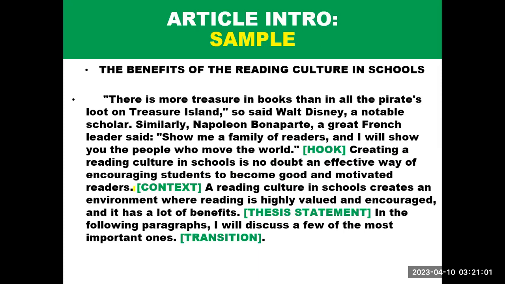So even if you don't understand what reading culture is about, you will understand that it is something that encourages students to become good readers, as simple as that. So it enables the reader to have more understanding.